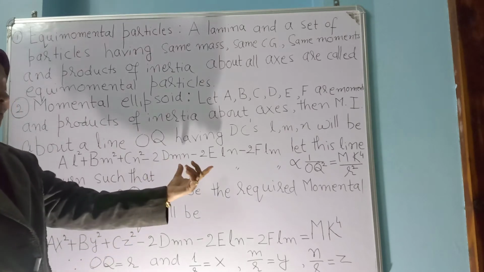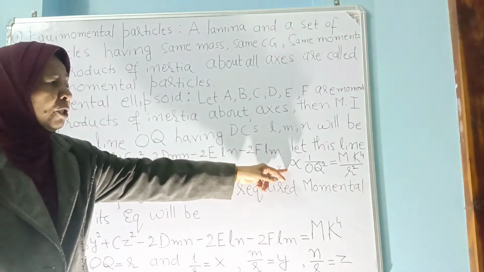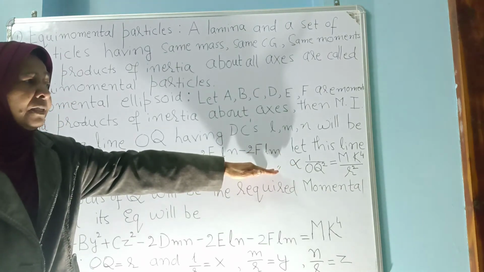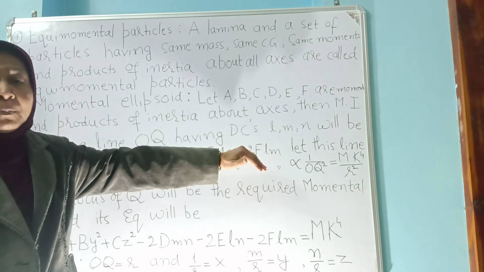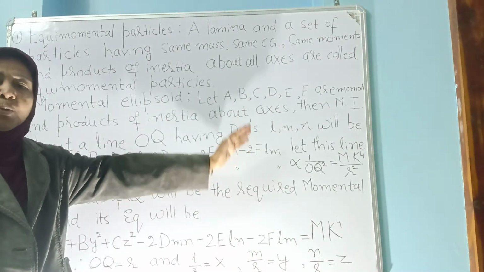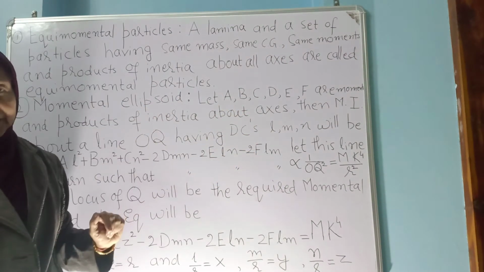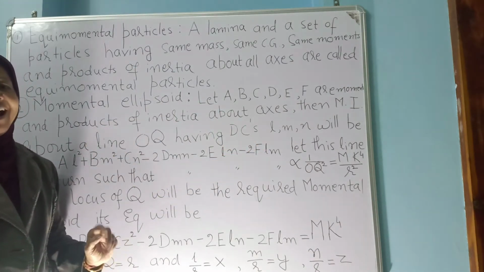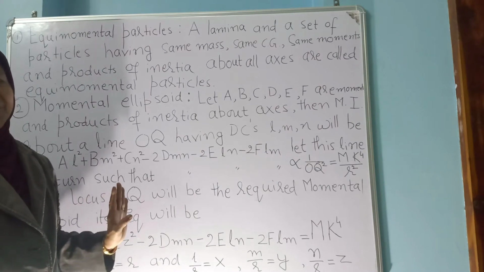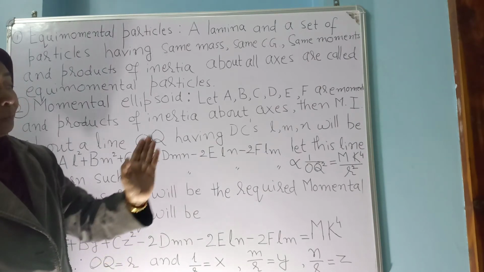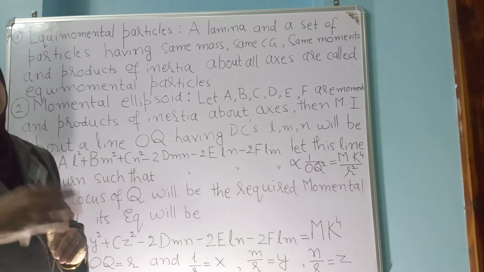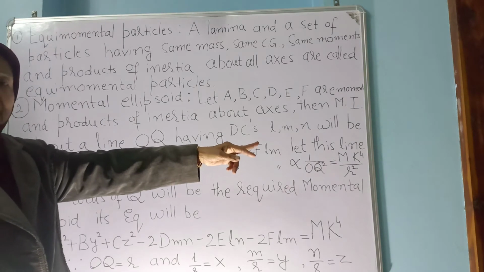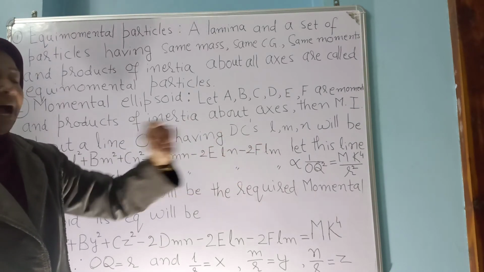That means this moment of inertia is proportional to 1 upon OQ square. And if something is proportional, it will be equal to a constant multiplied by that thing, so M k to the power 4 divided by r square. Why are we taking M k to the power 4? It will be clear later. That is merely a constant divided by r square.